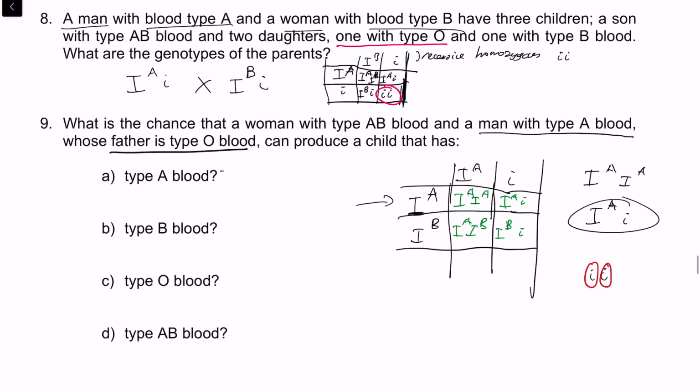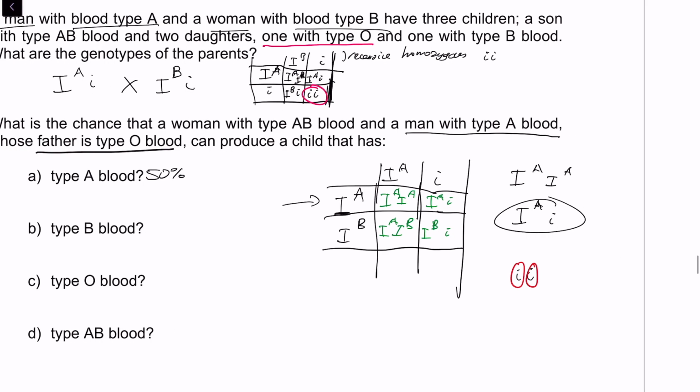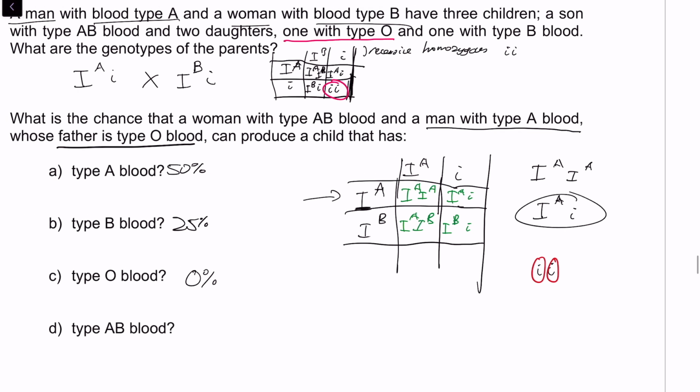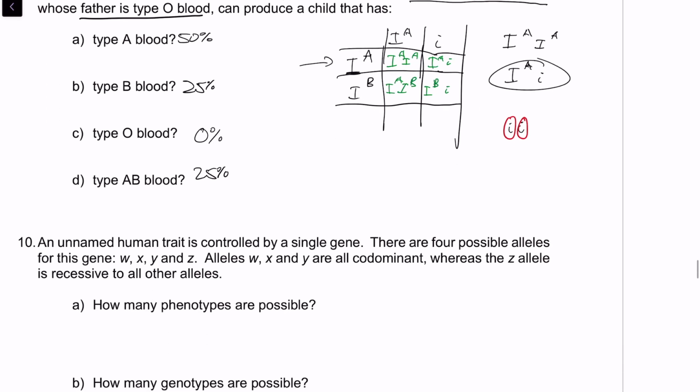So that's going to be 50%, because that's 2 out of the 4 possible combinations. Type B is going to be this one, right? So that's 25%. Type O blood, 0%. We don't have a homozygous lowercase i. And type AB blood, that's this one right here, so that's going to be 25%. It's 1/4 of the possible combinations.